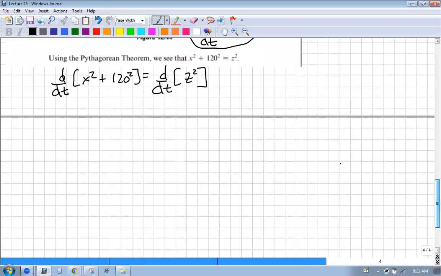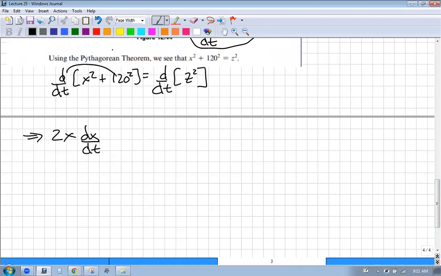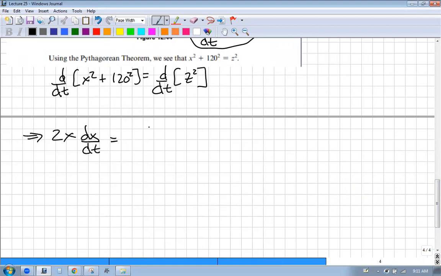For this, we're going to get 2x times the derivative of x with respect to time. The derivative of a constant is just 0. And over here, we get a 2z times the derivative of z with respect to time.